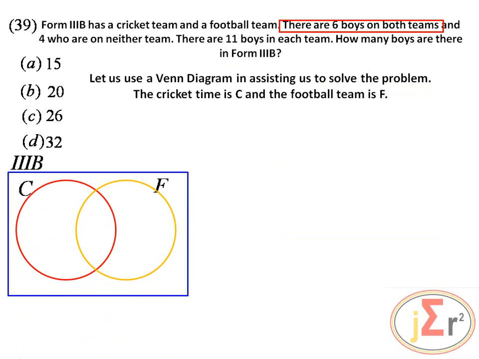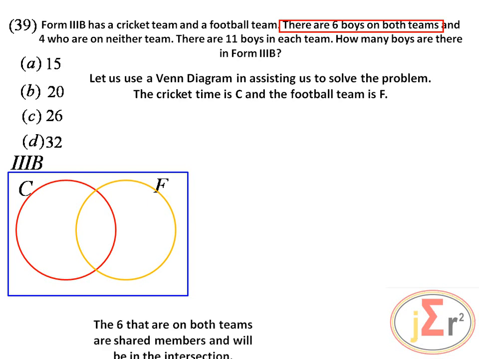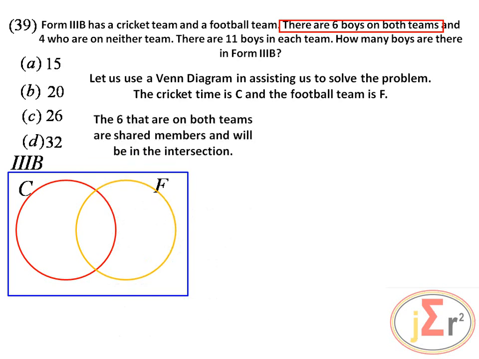Generally, when we are solving a problem in set theory, we generally put the information in the intersection of the two sets first. No problem with that one. There are 6 boys on both teams. So the 6 that are on both teams are shared members and will be in the intersection.